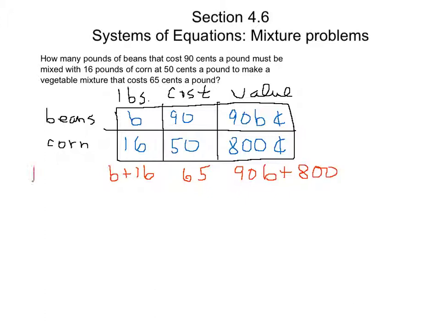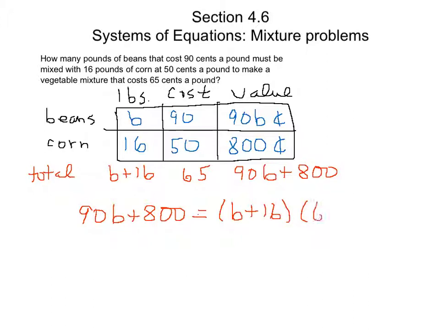So that's my total row. Do you see what my equation is going to be? The total value, which is 90B plus 800, is equal to the total number of pounds of the mixture times the value in cents per pound. And there is my equation.